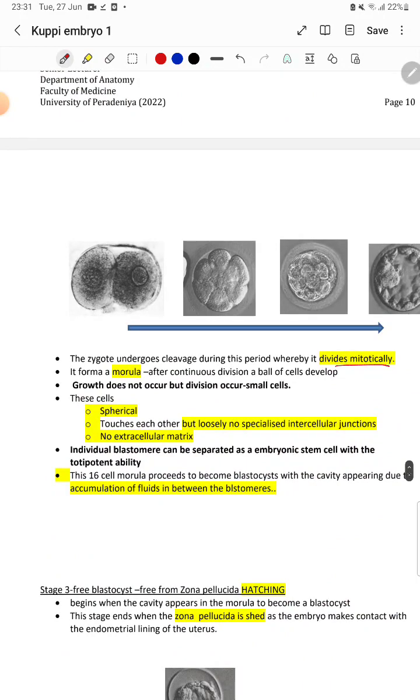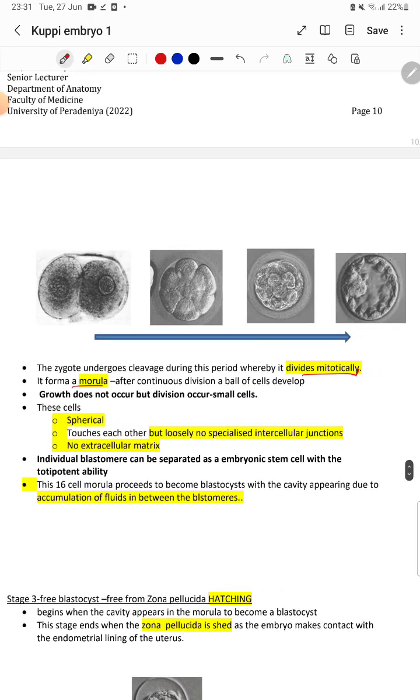So it divides mitotically and forms a morula. The morula is always described as a ball of cells. Think of a bunch of grapes, where each individual grape is a cell. In this case, a morula is a ball of cells, and each cell is known as a blastomere.